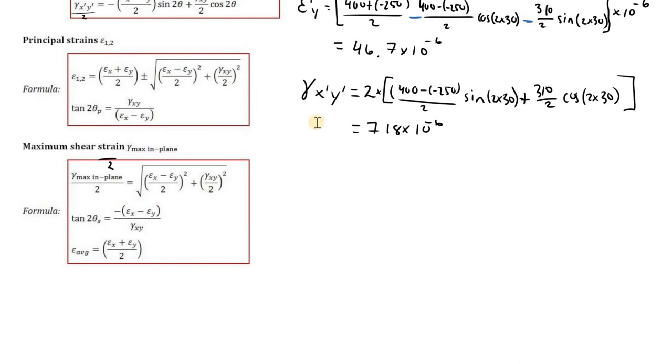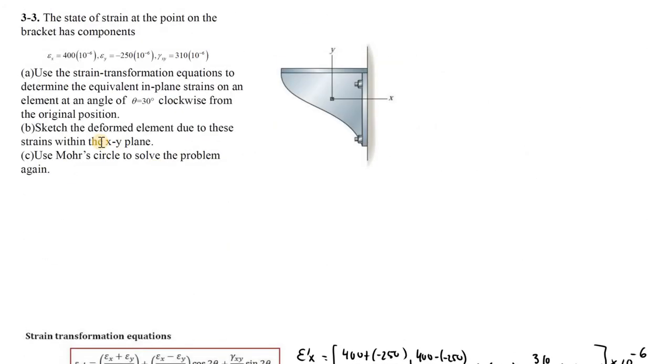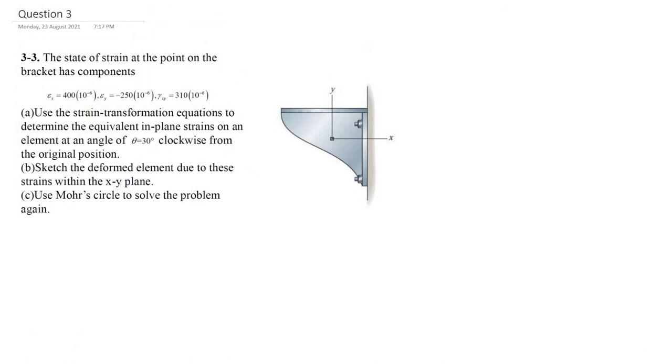Because we already have our angle, and I believe it even states, so let's go back. In the question, it states that our angle is 30 degrees clockwise, right? Which means it's rotating this direction. So we have our x in here.